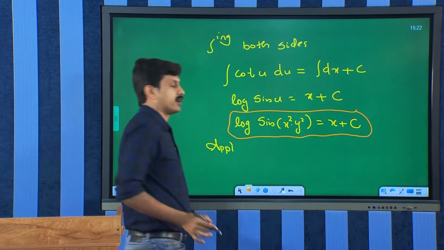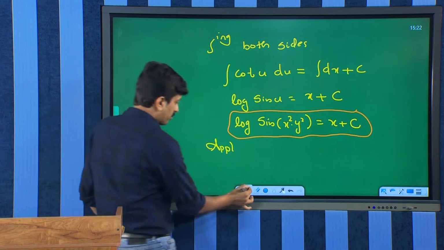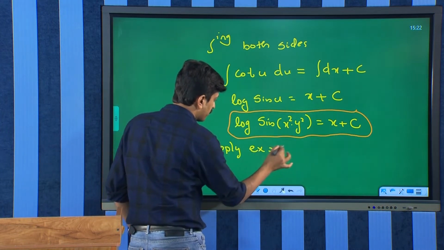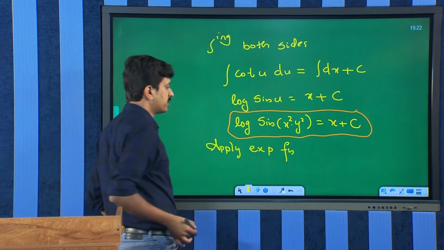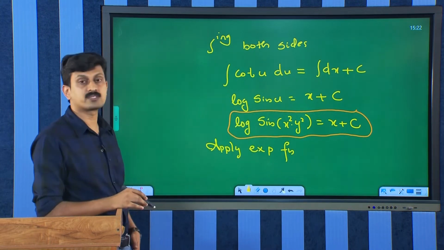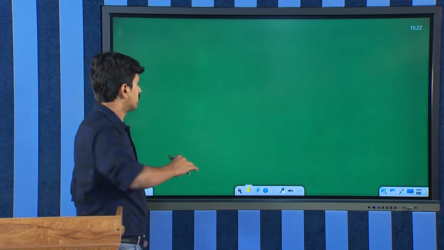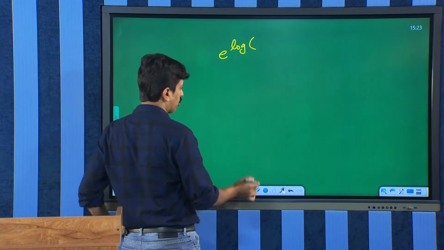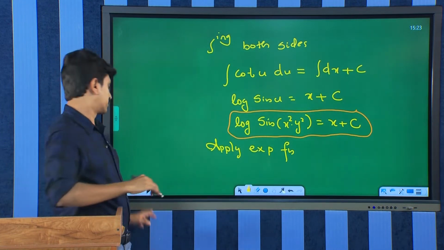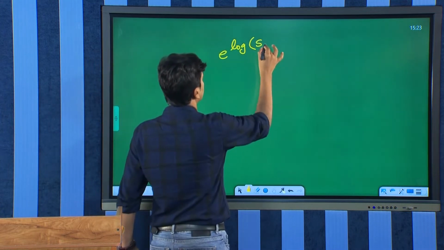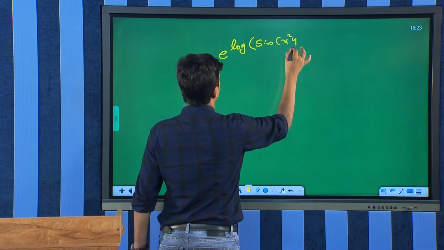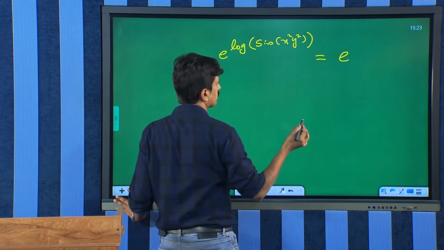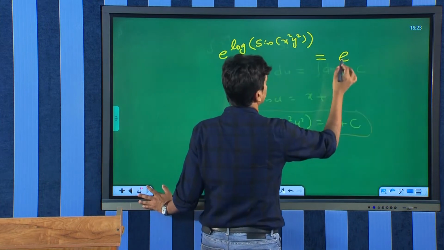Maybe we can reduce it again. So, we apply the exponential function. Therefore, we will have e raised to log of sin of x square y square is equal to e raised to x plus c.